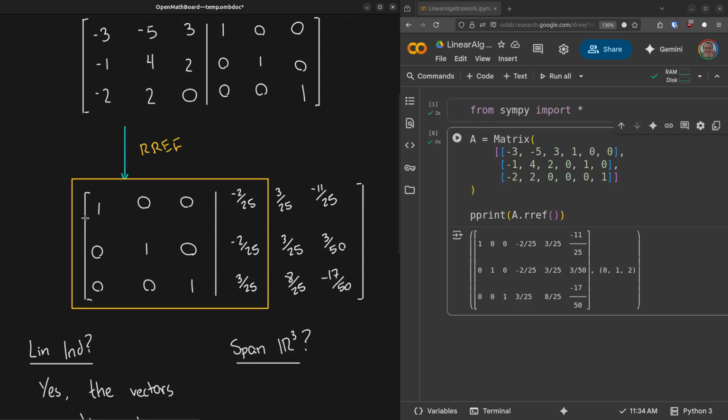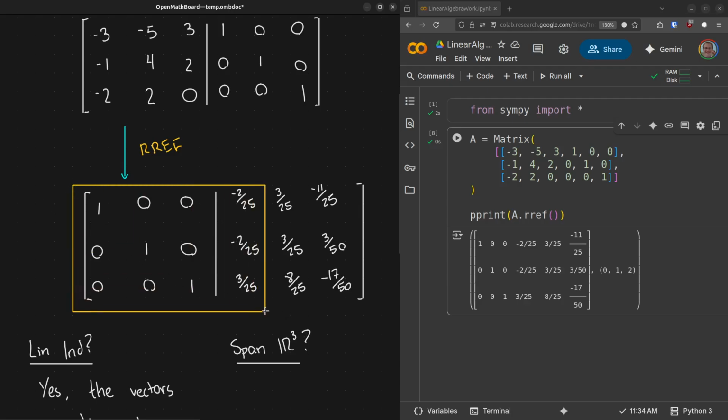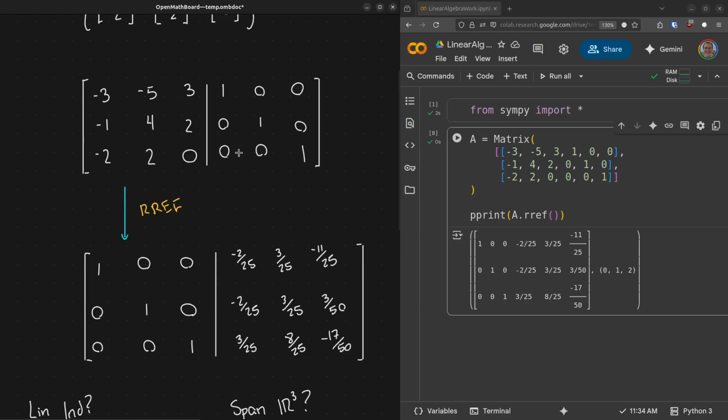Okay? And I can see that I do have a solution, right? I don't have a row that looks like 0, 0, 0, and then on the other side of the augmented part, something that's not 0. That would tell me no solution. I don't have that. So i is in the span. Vector i is in the span of these three vectors.